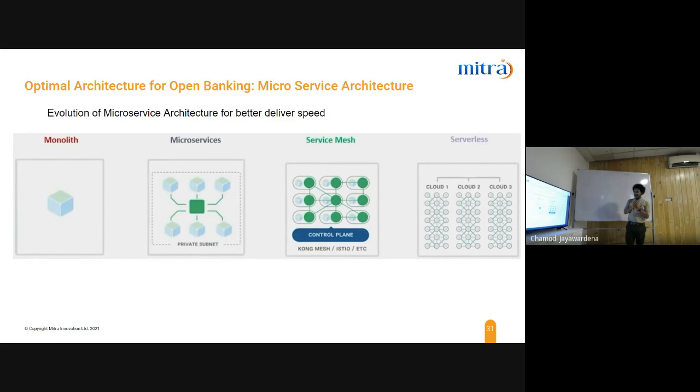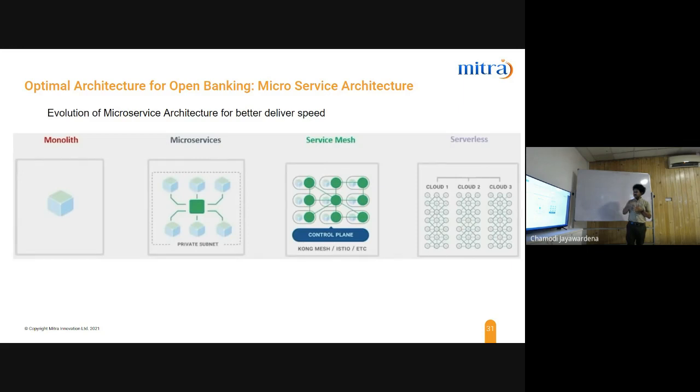So which kind of architecture would be the more suitable one? That's what I have discussed here. The service mesh is what I mentioned as more suitable. Comparing them, the microservice is much better than monolithic, it's very clear. But in the microservice architecture as well, they have to communicate with each other, maybe for throttling purposes.